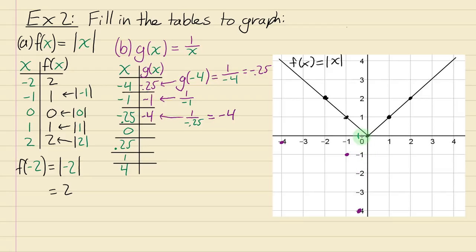So like 1 divided by -0.1 would give you -10, which is going to be way down that way. So it turns out the graph just gets closer and closer to the y-axis here. It doesn't actually ever cross it. And as x goes this way, the y-coordinates also just get closer to 0.